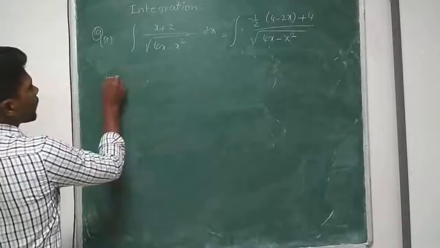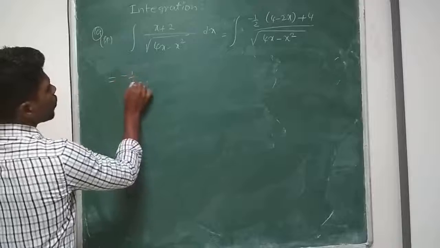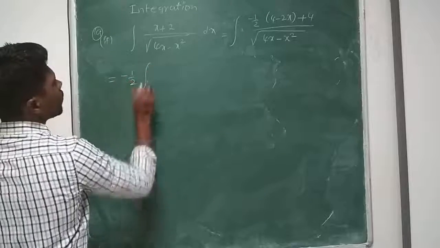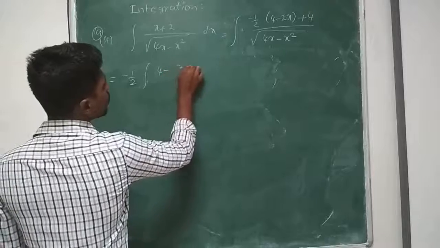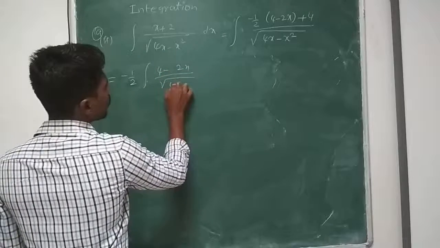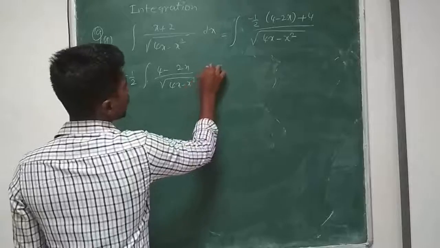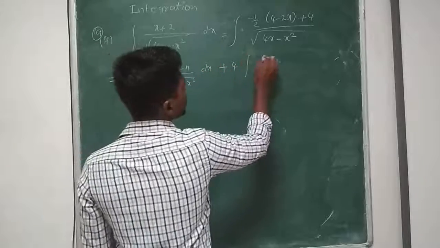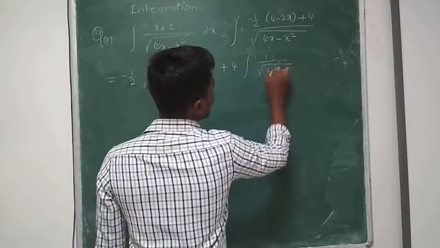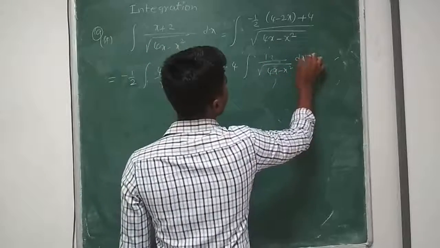Now you simplify this and evaluate its value. It can be split in the form: minus 1 by 2 integral (4 minus 2x) by root of 4x minus x square dx, plus 4 into integral 1 by root of 4x minus x square dx.